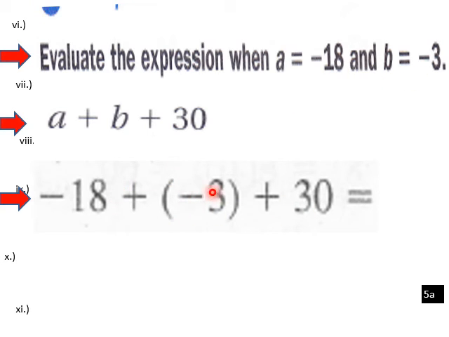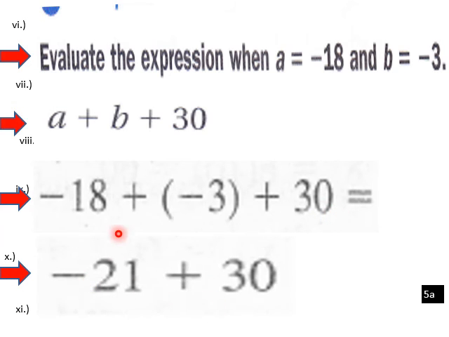We get negative 21 plus a positive 30, which is positive 9. This has a larger absolute value than negative 21, so we adopt a positive sign here. Basically, it's like 30 minus 21, which is a positive 9.